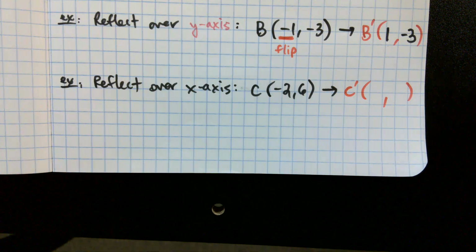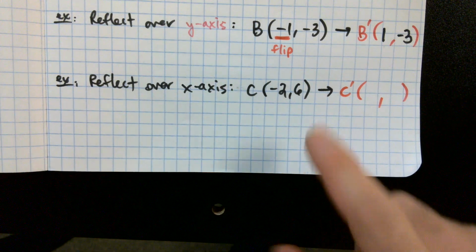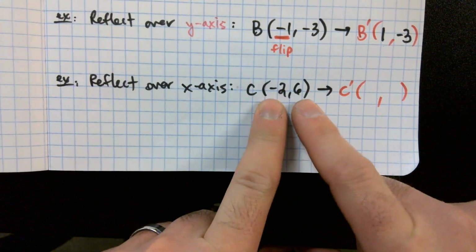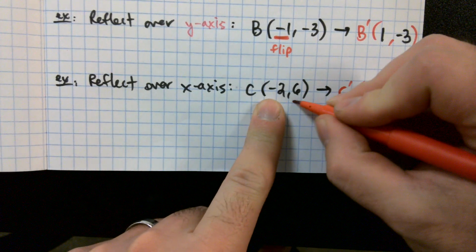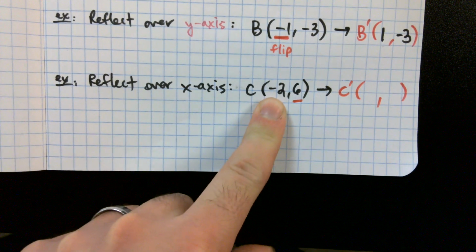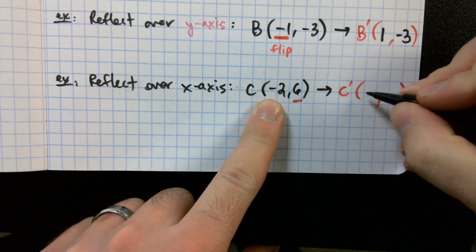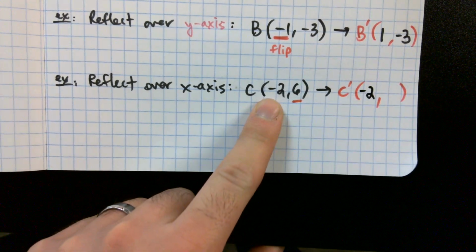So if we're focusing on the x, we're changing which sign, the x or the y? We're changing the y, which is good. That means we're not doing anything to the x. There you go. That's tricky to remember. If I'm reflecting over the x, which of these numbers am I flipping? My x or my y? I'm flipping my y. Which means right away my x is not changing at all. It stays as a -2.